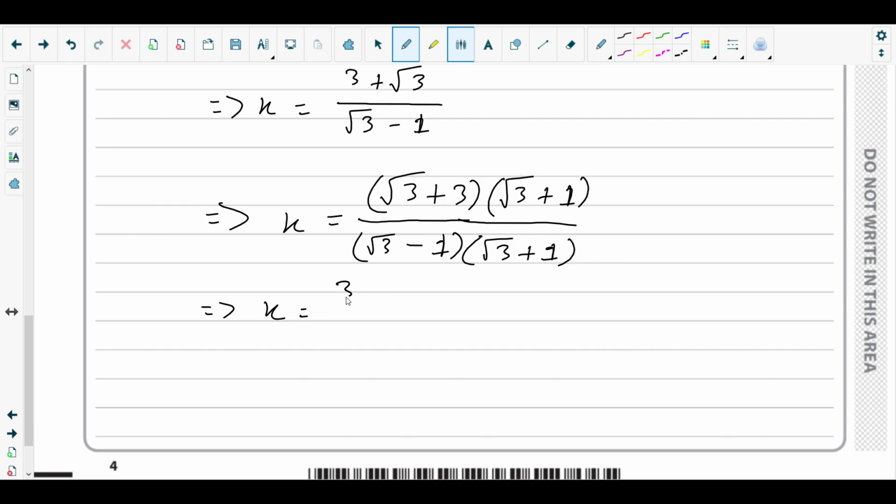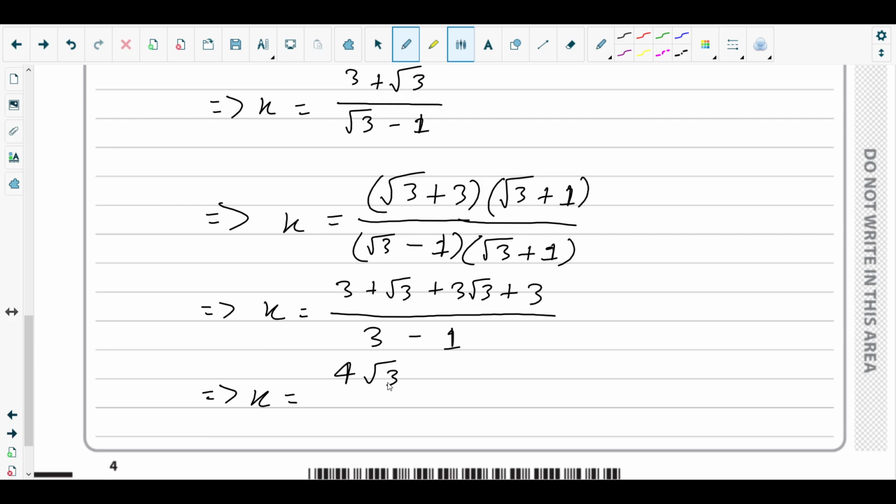You will get 3 plus square root of 3 plus 3 square root of 3 plus 3 over, in the denominator, square root of 3 whole squared, that is 3, minus 1 squared, that is 1. Simplifying, square root of 3 plus 3 square root of 3 is 4 square root of 3, so we have 4 square root of 3 plus 6 over 2.